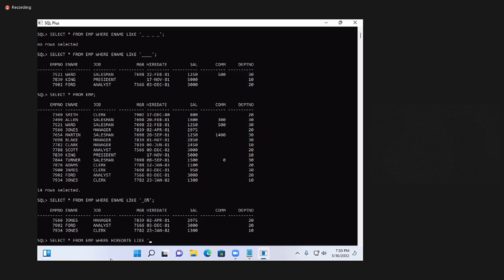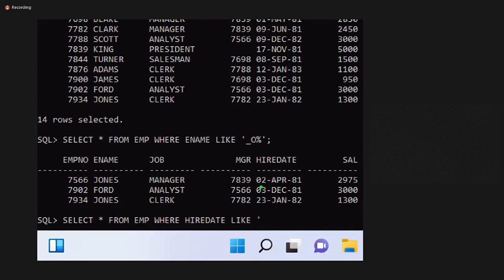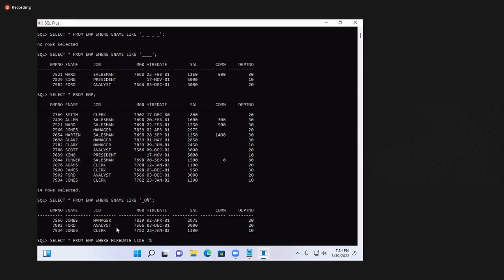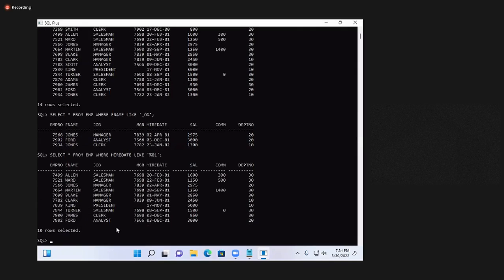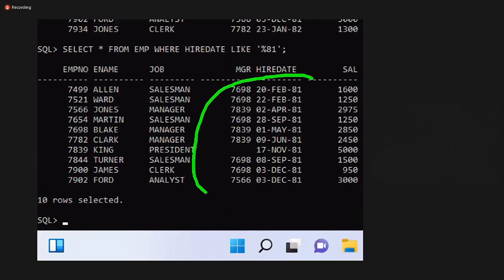Here the format is date, month and year. So now you have to give the percentile, and then give 81. The percentile takes all the remaining group of characters, and 81 is in the last year part. And how many people joined in 81? The total is 10 people, so that information comes out.